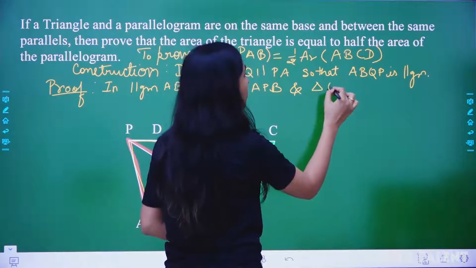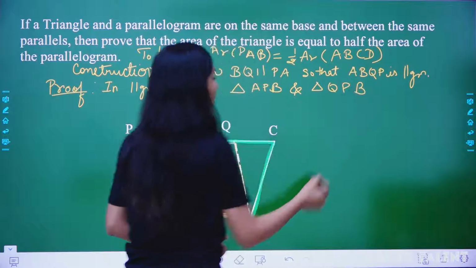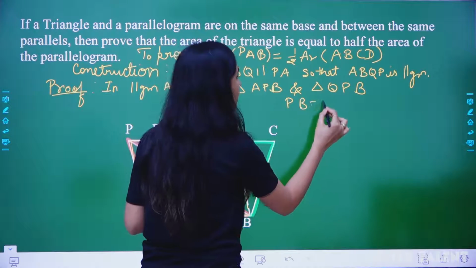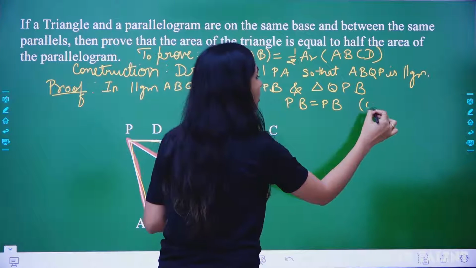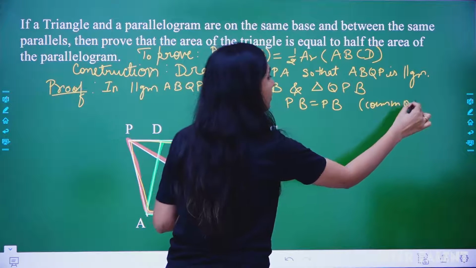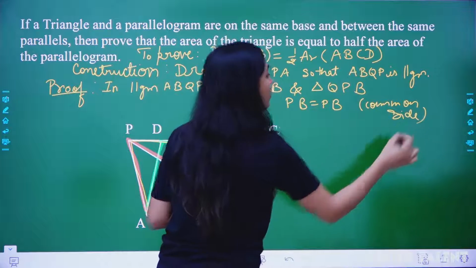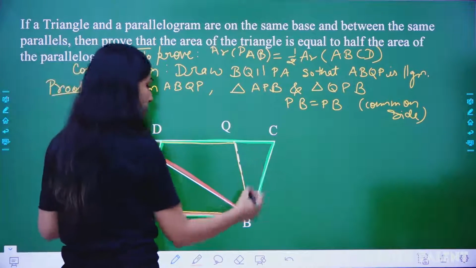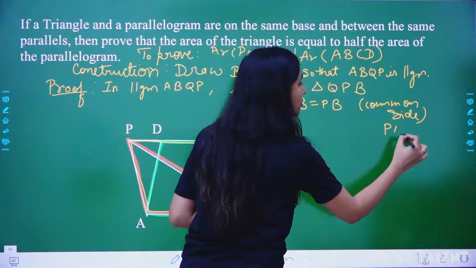Okay, QPB. Look, we are having PB equals PB. This is the common side. First thing, okay. Then this PA is parallel to this QB, so PA is parallel to QB.